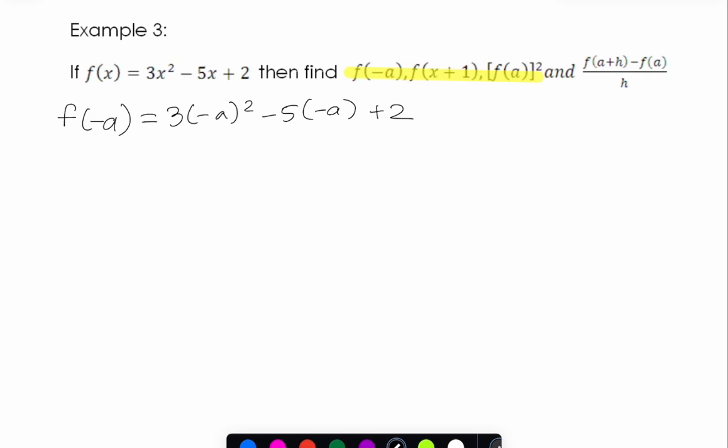So I would tend to use that notation. So this would be a positive a squared but times 3. This would be a negative 5 times a negative a, or a positive 5a, and then plus 2. So watch out if you're inputting anything, use a parenthesis as a guide for you, okay?